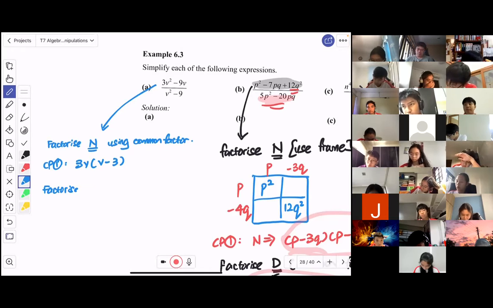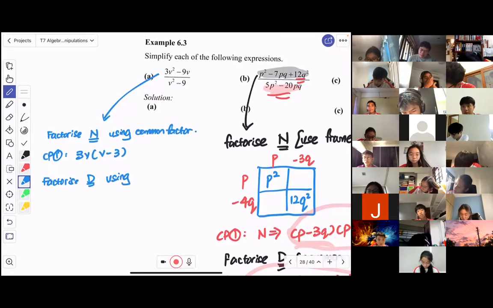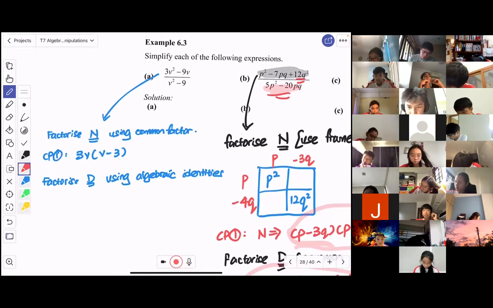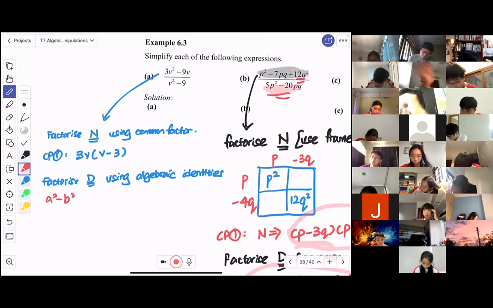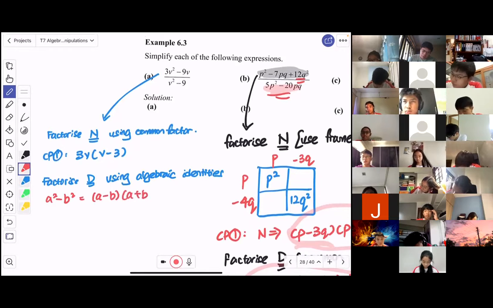Okay, so factorize the denominator using algebraic identities. The identity that you need is a square minus b square, which is equal to a minus b bracket a plus b.